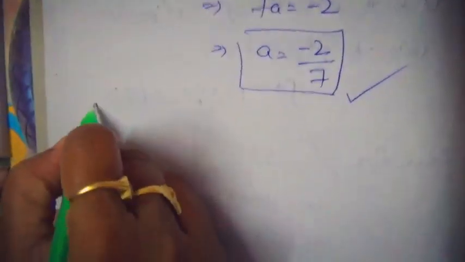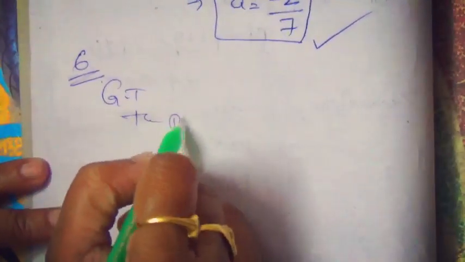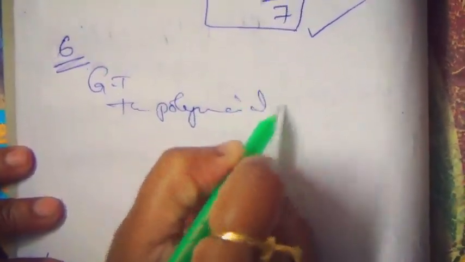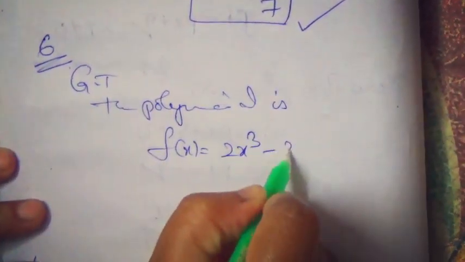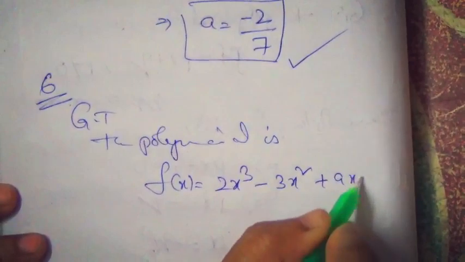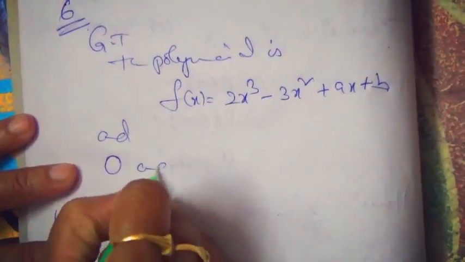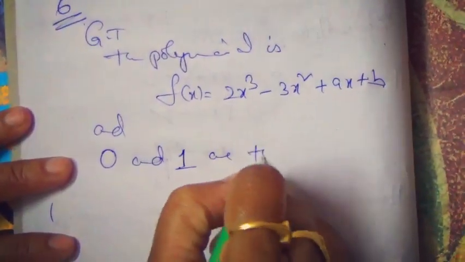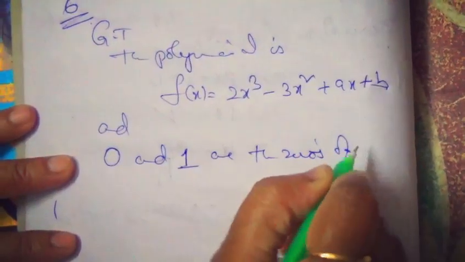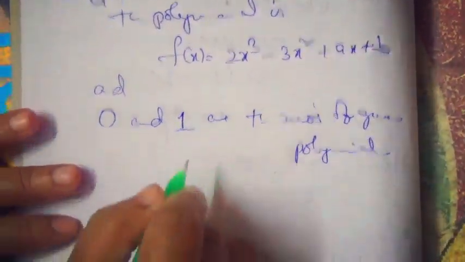Okay, so sixth sum, that is given that the polynomial is f of x is equal to 2x cube minus 3x square plus ax plus b, and 0 and 1 are the zeros of the given polynomial. Then we have to substitute these two.